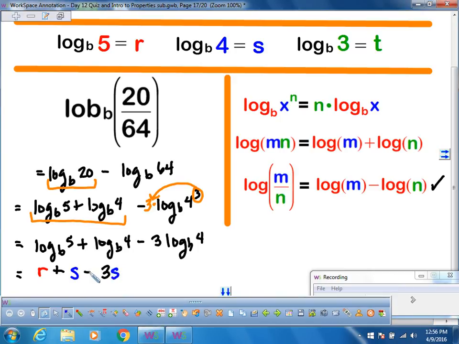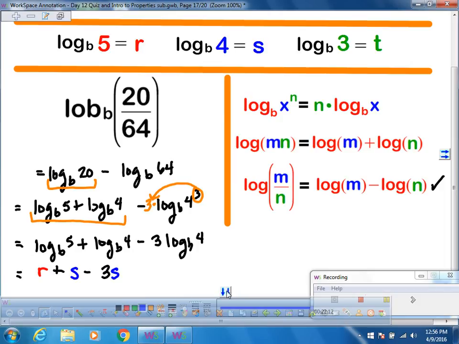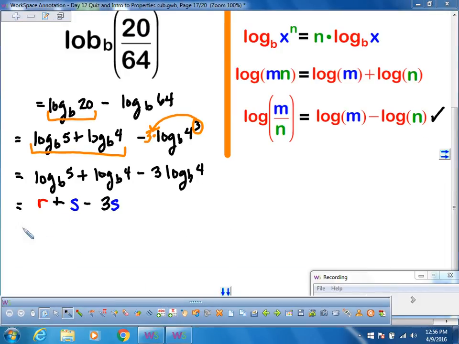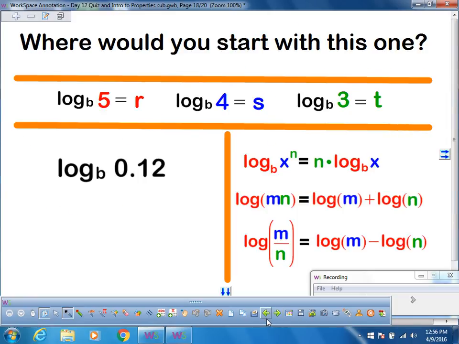So I have 1 s minus 3 s's, which just gives me negative 2 s's. So I have r minus 2s. Pretty straightforward. It's like a puzzle. You just got to figure out exactly what pieces go together.